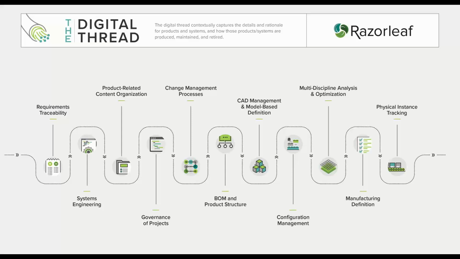So this isn't meant to be a one-size-fits-all, but let me just talk through a couple of areas. We start frequently with requirements, and requirements traceability being part of the digital thread. So if we start by understanding what the product needs to do, or what the process needs to do, what it needs to meet, that's a great place to begin, to try and describe that and understand that data.